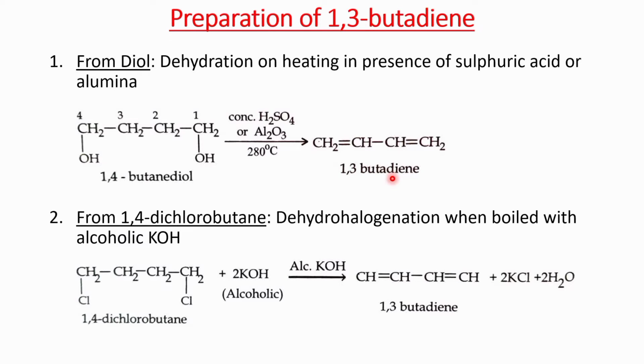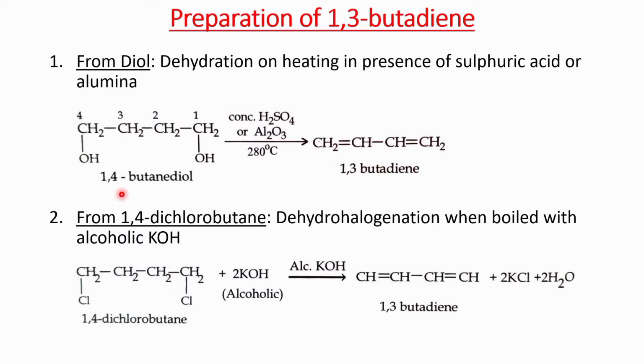Next preparation is from 1,4-dichlorobutane. This compound has two chlorine groups at the first and fourth positions.